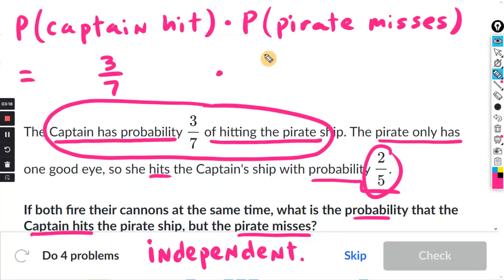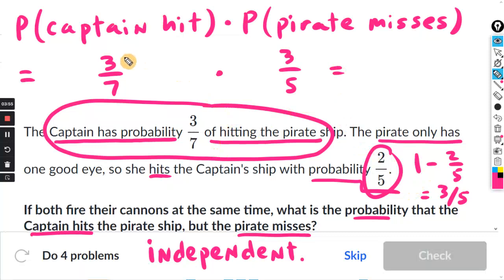Well, that is going to be 1 minus 2/5, that's 5/5 minus 2/5 or 3/5. So for the pirate miss, that's going to be 3/5. It was 2/5 to hit, 3/5 to miss. You just subtract it from 1 because hit or miss are complements of each other, so they add up to 1.